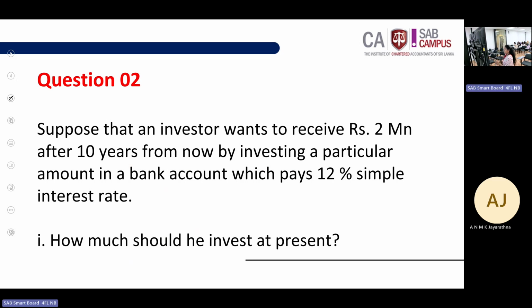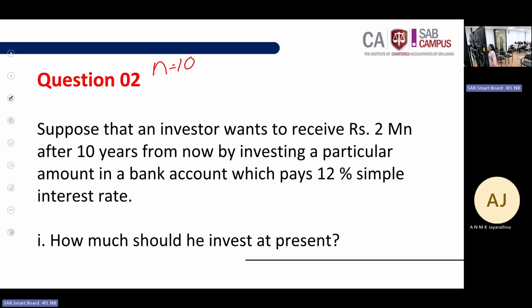Okay, I will summarize the question. Suppose that the investor wants to receive 2 million after 10 years from now. So n is equal to 10.